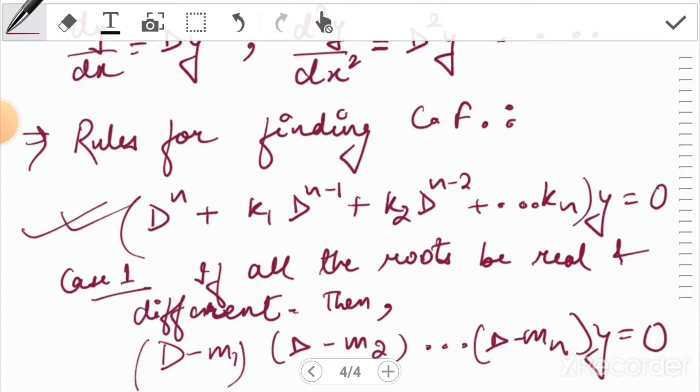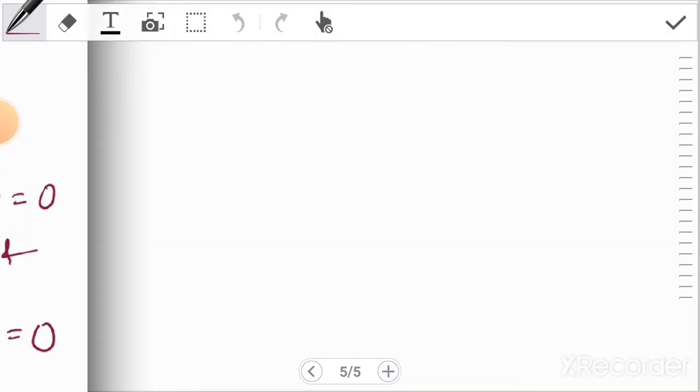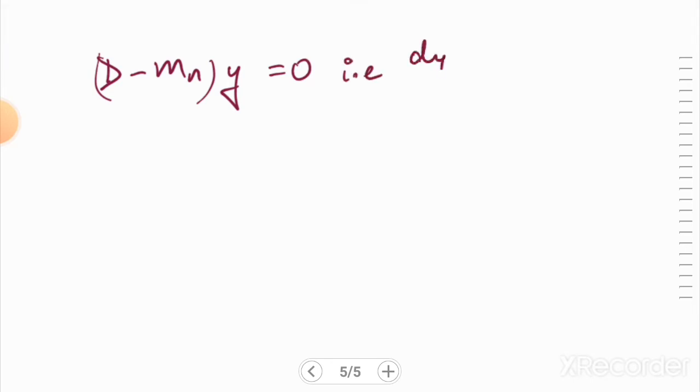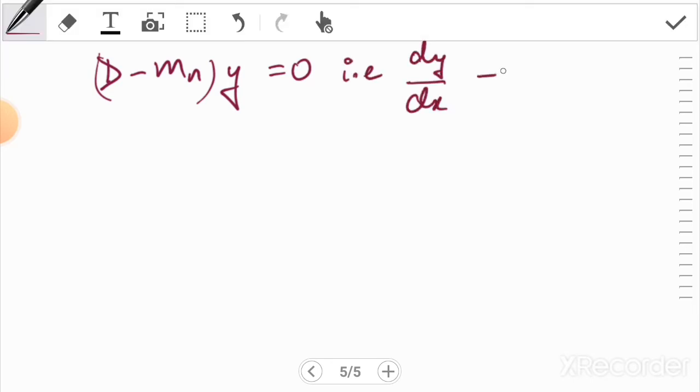Then this will be satisfied by the solution of D minus mn y is equal to 0, that is dy by dx minus mn y is equal to 0. This is a Leibniz linear form and the integrating factor is e raised to the power minus mn x.